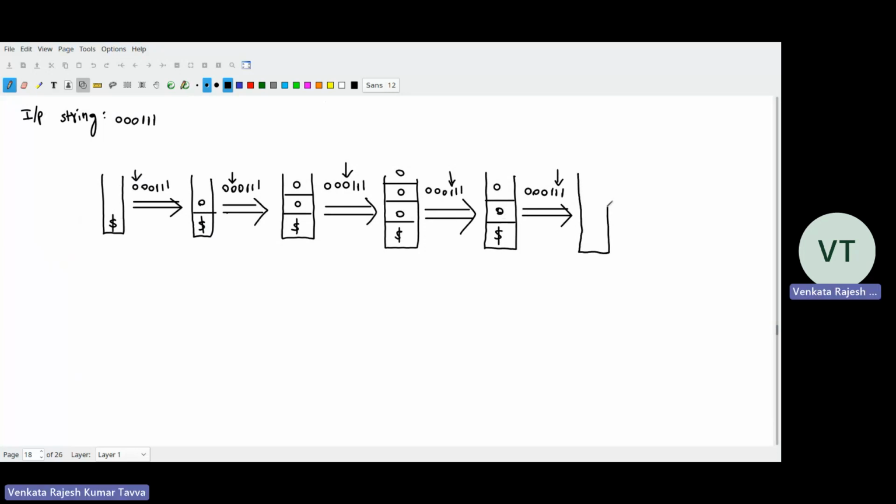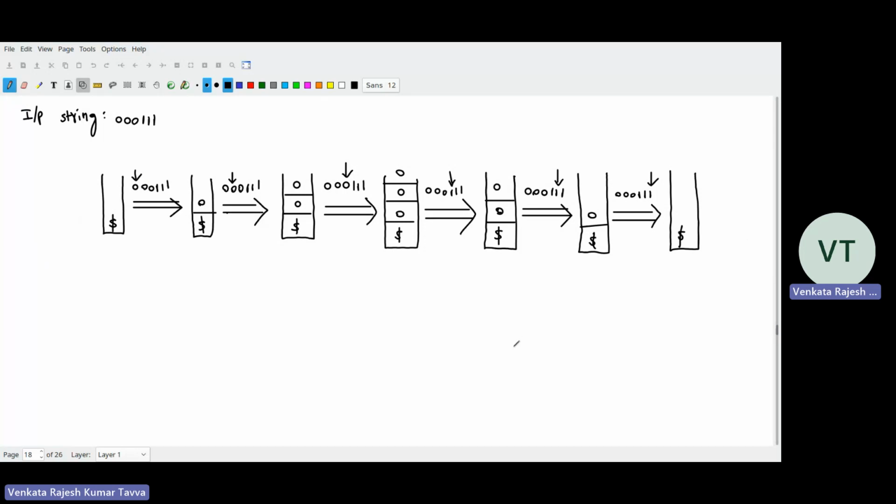The input is 1 and the top of the stack is 0. What should I do? Pop the 0. So I'm left with $0. Now the read write head is on the third 1. What should I do? Pop the 0. And you come back to $.